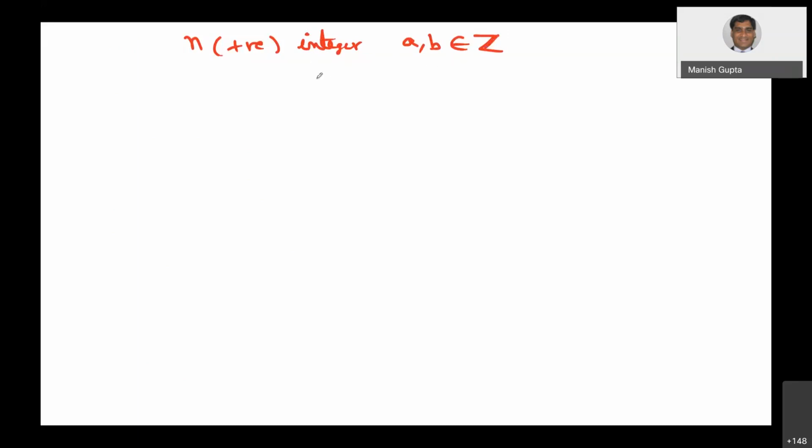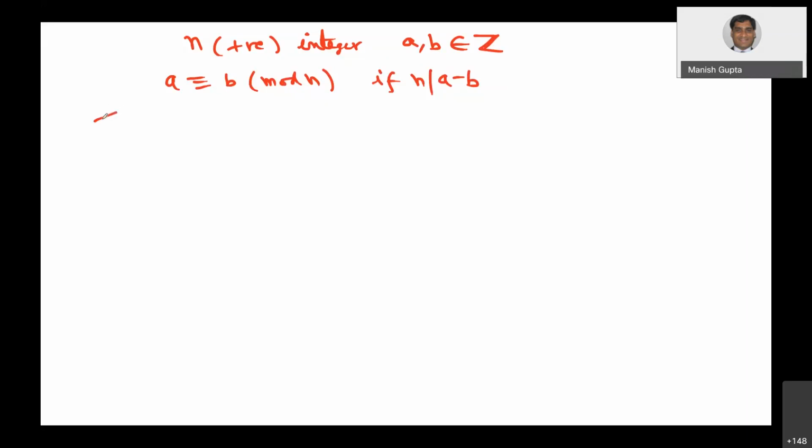Then we write a is congruent to b mod n if n divides a minus b. If the difference a minus b is a multiple of n, then we say that a is congruent to b mod n. So this is the definition.